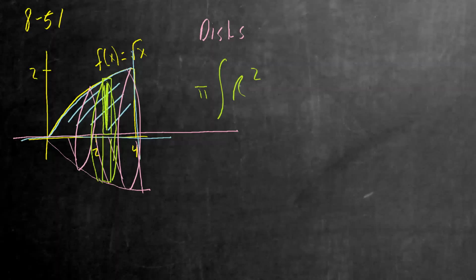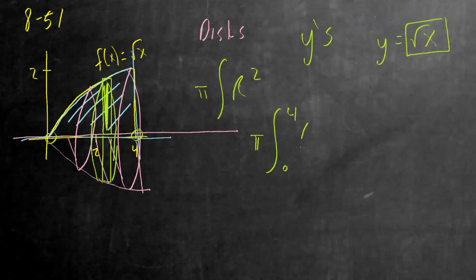Our radius is going to be our y's, and y equals square root of x. Now, if we're talking about x's, we're going from 0 to 4. So the integral from 0 to 4 of pi r squared dx, where dx represents the height of each one of our discs that we're adding up.